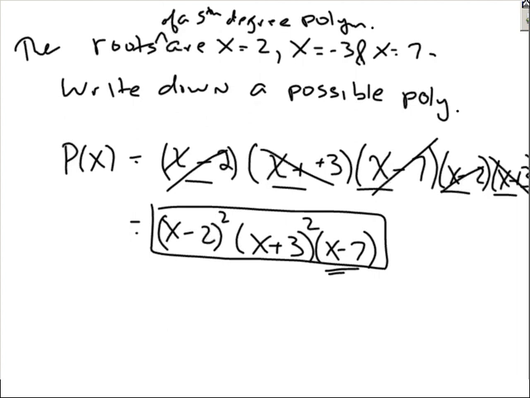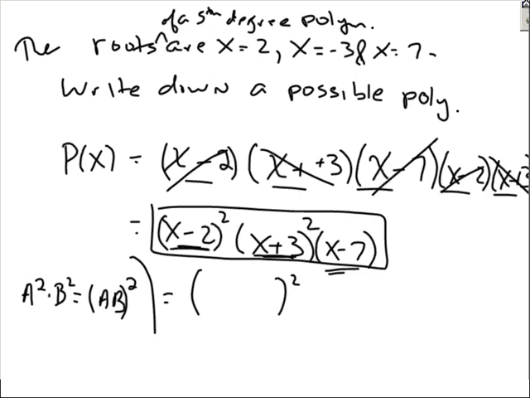Probably the easiest way, if you remember that a squared times b squared is the same as just multiplying a and b and then squaring it. Here's a squared times b squared. I can multiply x minus 2 by x plus 3 and get x squared plus x minus 6 and then square that.